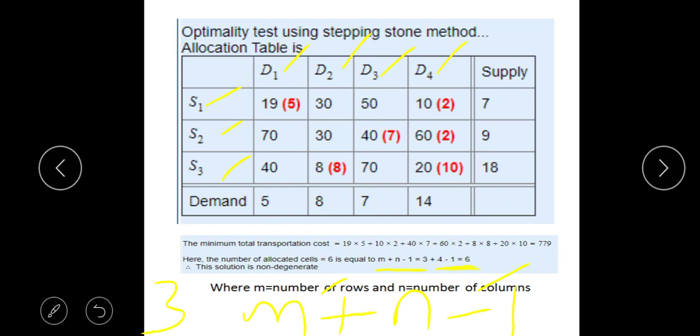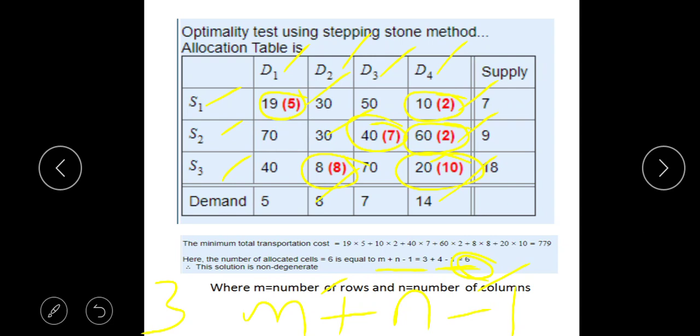So m is 3, n is 4. So 3 plus 4 is 7, minus 1, it will become 6. This m plus n minus 1 value must be equal to the number of allocations made to the cells. So what is the number of allocations? 1, 2, 3, 4, 5, 6.